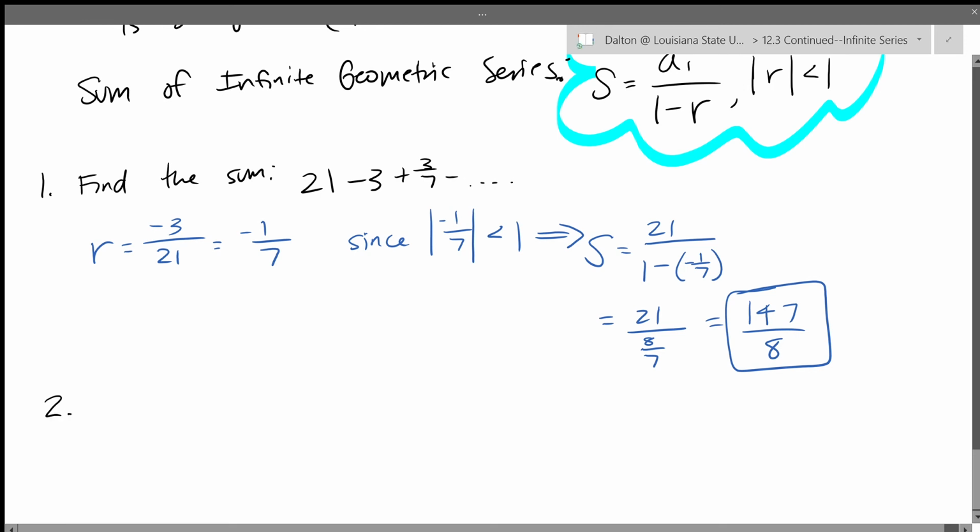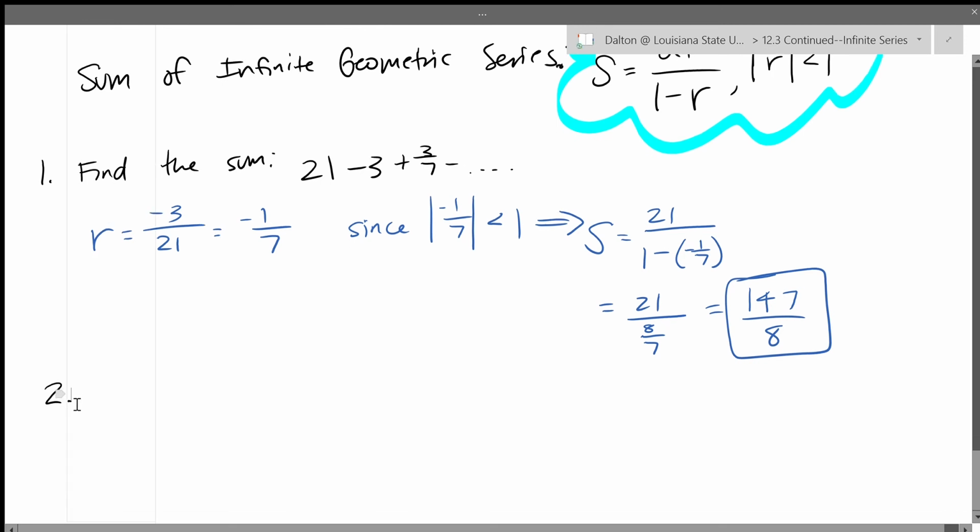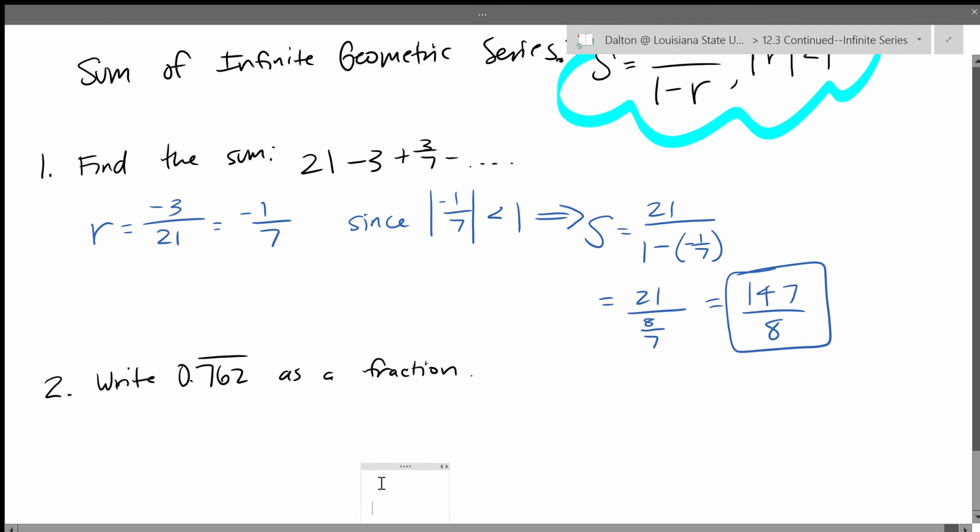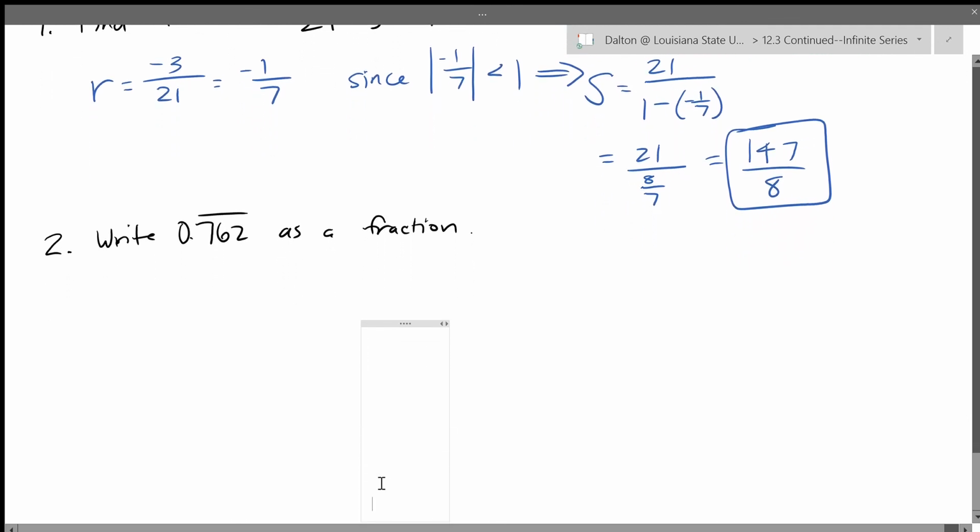We do this often, or we've actually learned how to do it without even realizing it. And if we're given something like, write 0.762 as a fraction. Now, I don't know if y'all remember learning this. You don't have to write this, but just to kind of trigger your thoughts.